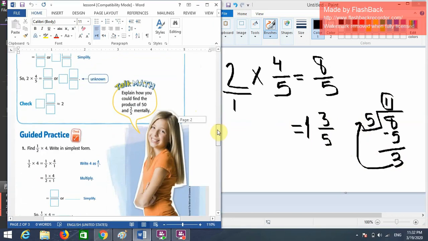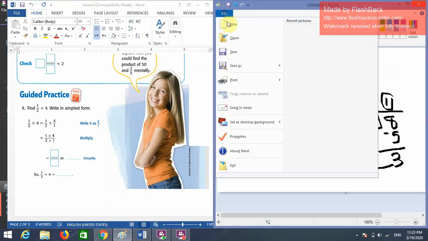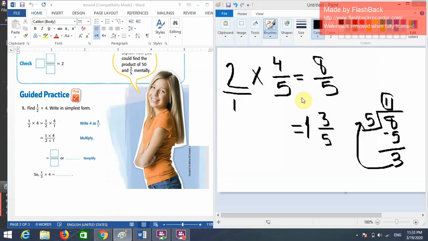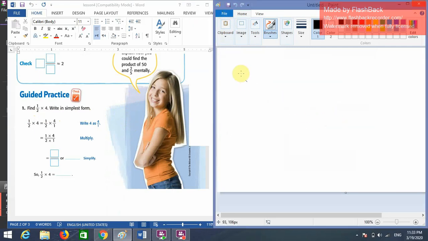The last example. Guided practice. Find 1/2 times 4. Write in simplest form. Don't forget this step. Write in simplest form. 1/2. Please write with me in your book. Don't forget, times 4. First, I will write 4 as a fraction over 1. Yes, bravo.